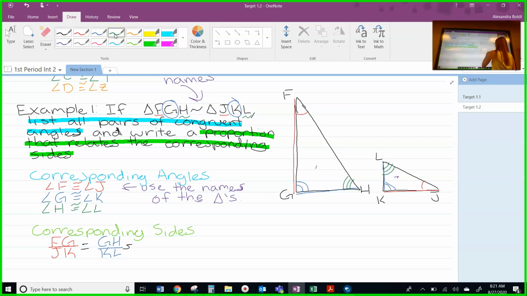And then our last one, green back to red, HF, over, again green back to red, LJ. Okay, that's it for that problem.